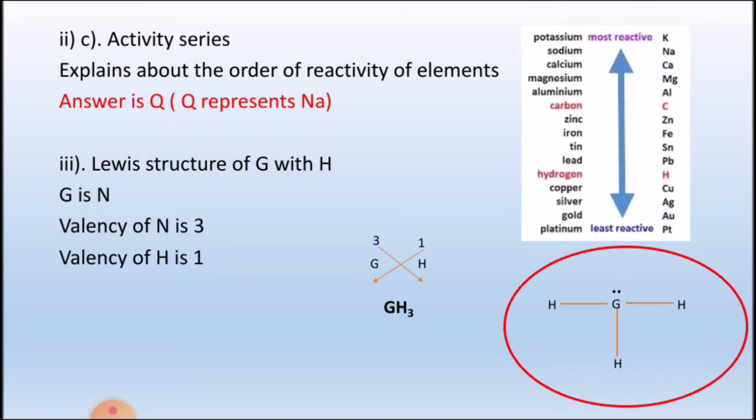So here 3 G-H bonds are present, totally 6, but in order to complete the octet it requires 2 more electrons. So it requires a lone electron pair, which is represented as 2 dots here. So the answer is this one for the third question.